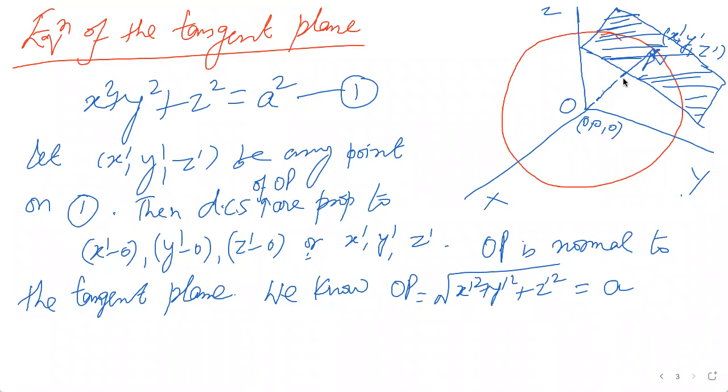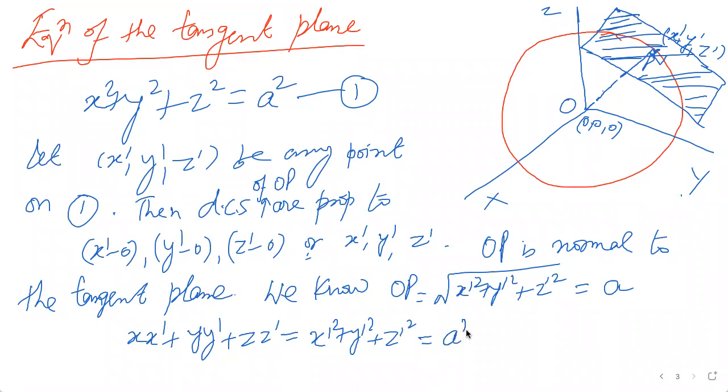So here I know the direction cosines of the normal are proportional to x dash, y dash, z dash. So I can write x dash x plus y dash y plus z dash z is equal to how much? x dash square plus y dash square plus z dash square, and it is a square.